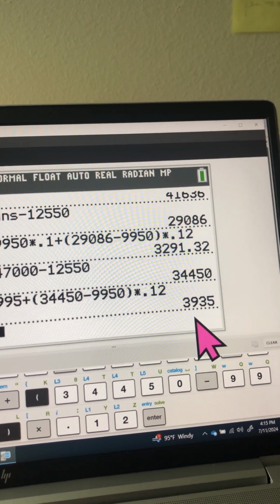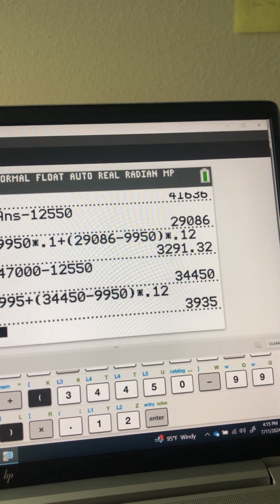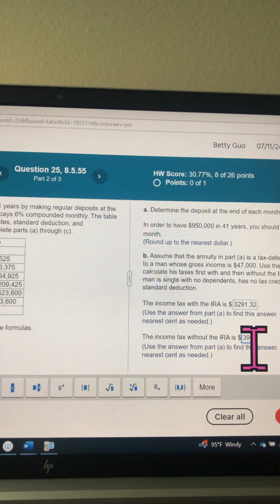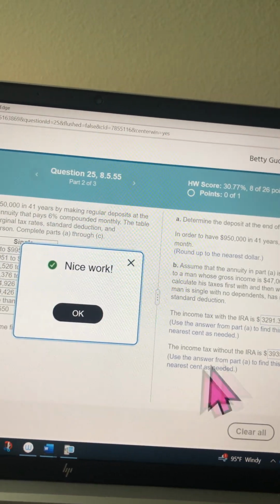We have 3935. Let's give it a try. Oh, it worked.